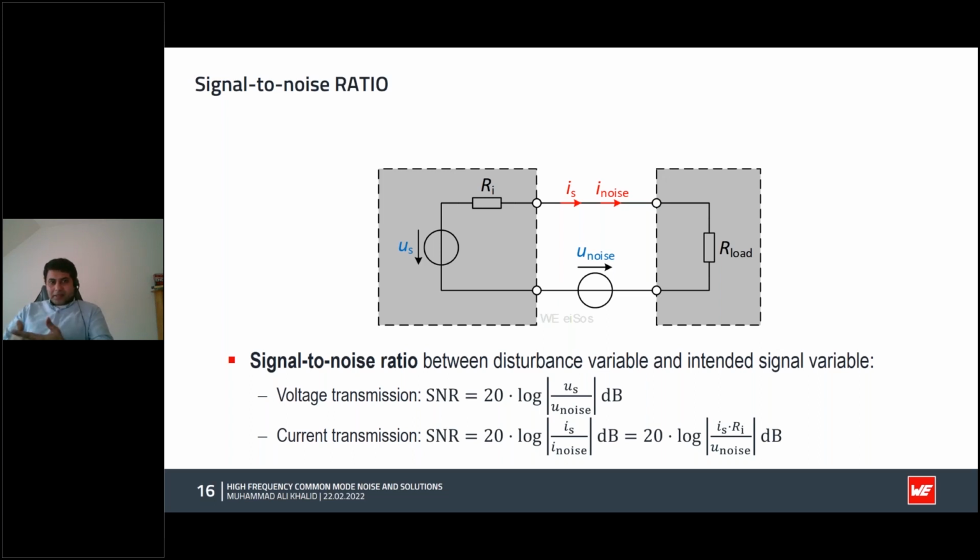And what is signal to noise ratio? It basically indicates the difference of an interference signal relative to the useful signal of the circuit. Typically a higher SNR results in fewer errors and higher throughput, which is more desirable.